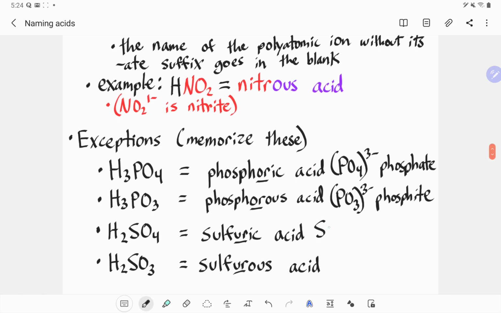SO4 with a -2 charge is sulfate. And SO3 with a -2 charge is sulfite.